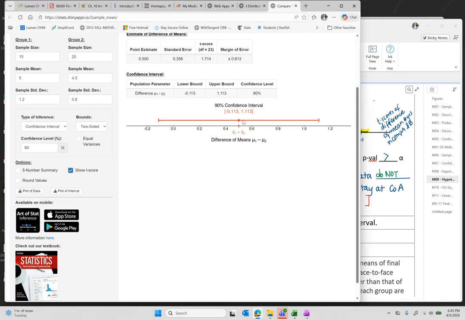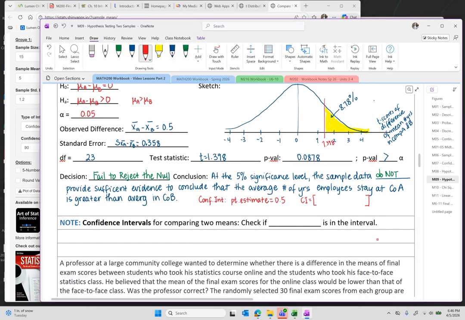And therefore you have an interval that goes 0.6 to the left and 0.6 to the right, and gives us a confidence interval for the difference of those two means, the mean time employees stay in company A and the mean time that employees stay in company B, to be between negative 0.113 and 1.113.